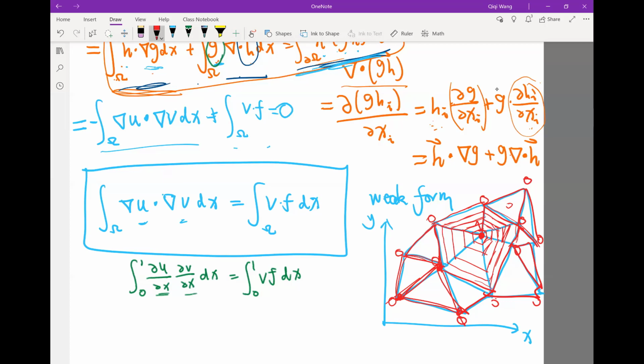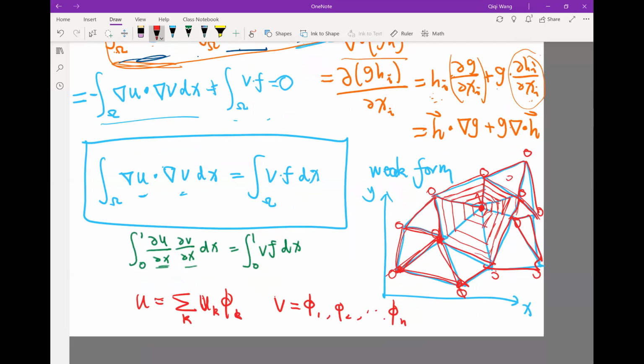So again, I'm going to be representing my u as a summation over k, where k are all the interior nodes, of uk times phi k, where each phi k is such a hat function. Okay, and I will choose my v to be v1 or v2, etc. Basically, again, each one of these hat functions. Then I plug this u into this weak form, and I plug these v's also into the weak form.